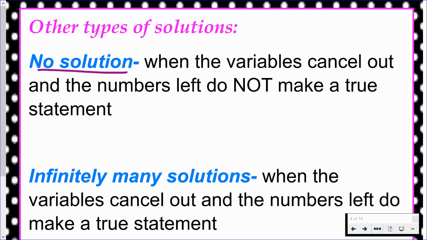That's a common theme, even with systems. Whereas if it's infinitely many solutions, the variables cancel out and the numbers left do make a true statement. Keep that in the back of your mind.